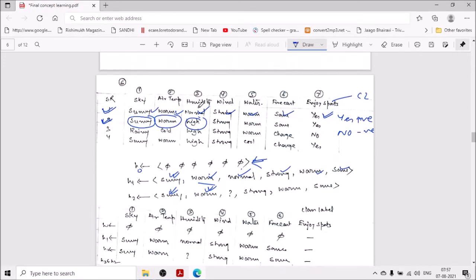So here high is there, but in H1 it is normal. Both are different, so here you use the more general notation, that is question mark. Then strong, both are same, do nothing, keep as it is. Warm, same thing, keep as it is.